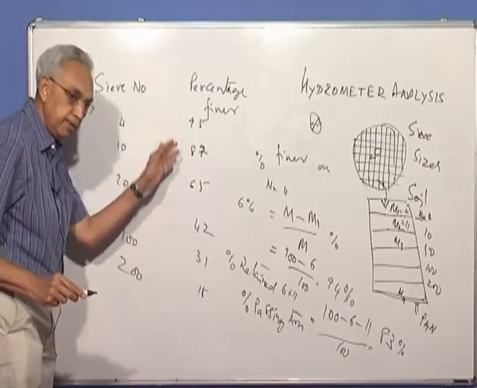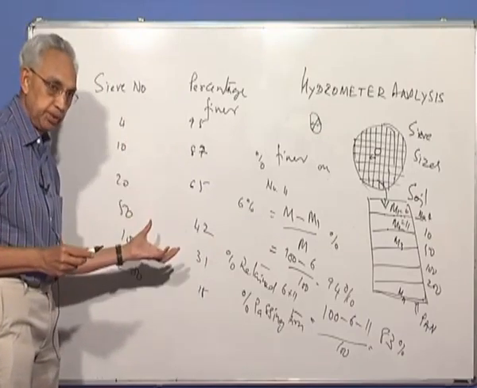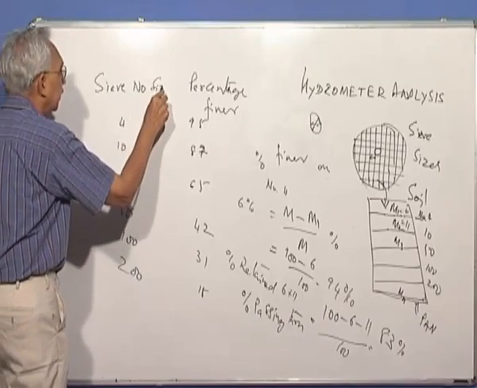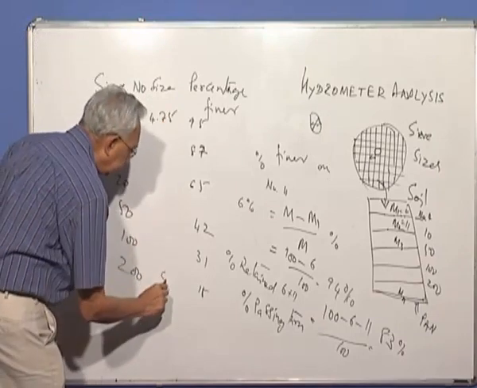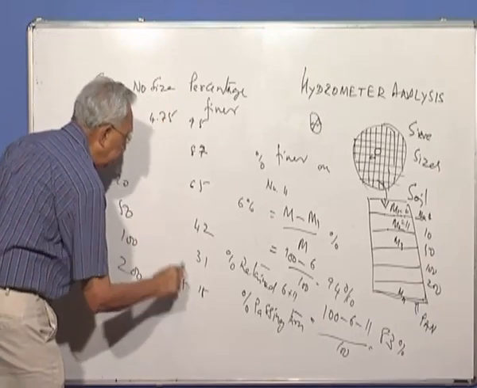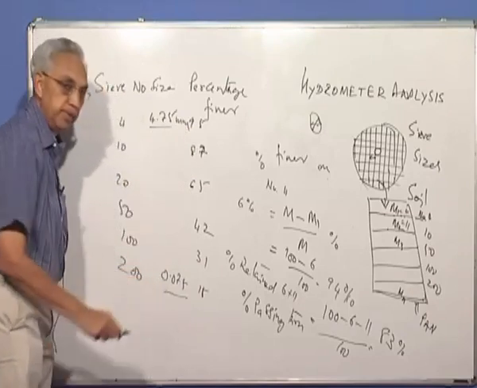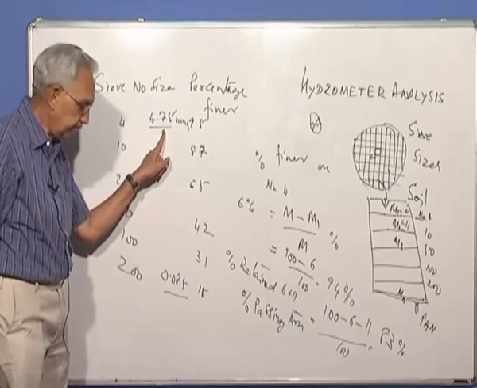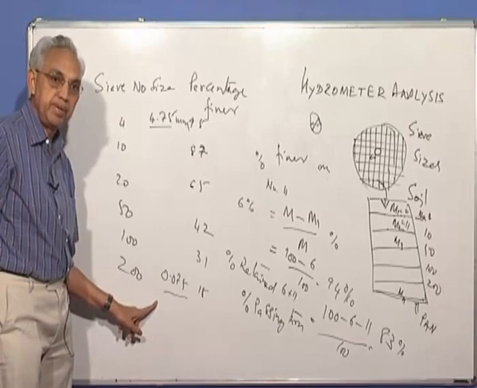So you can get different sizes of particle distribution. Each sieve number has a size. This is, as I said, 4.75, and this should be 0.75 millimeters. Please remember, these are very standard numbers. So you can say the largest is 4.75 for sands, and the smallest is 0.75 millimeters.